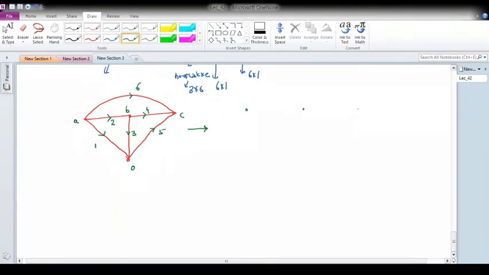For that, we have to draw the tree. We have taken the same tree which we took right now. This is one and this is like this. Then draw the links. What are the links? These are the links.